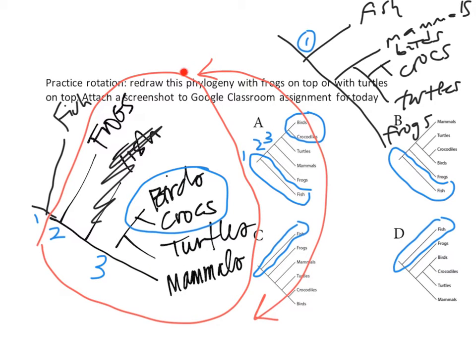So all that was taking this whole bit of the tree, flipping it upside down essentially, and then rewriting. Put frogs on the bottom. So now, which is the most evolved organism in the tree I drew in the upper right? None. Careful. So nobody's more evolved than anybody else.